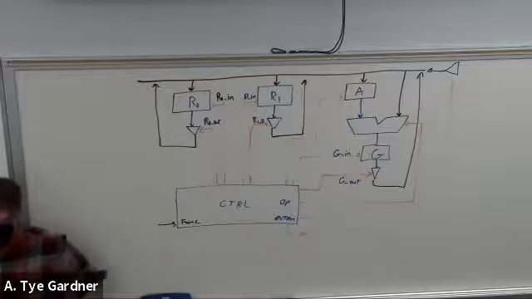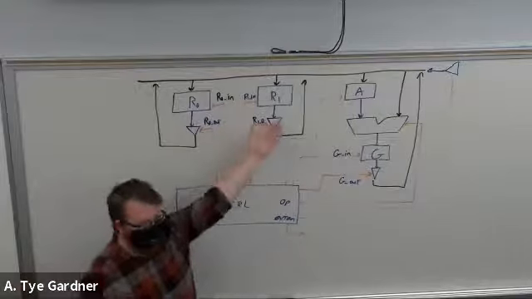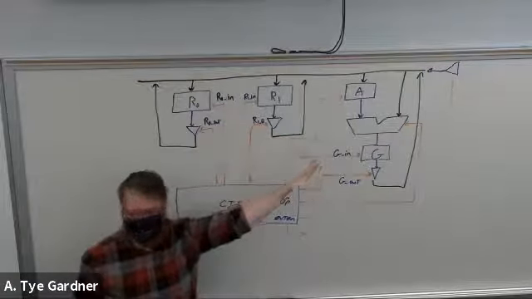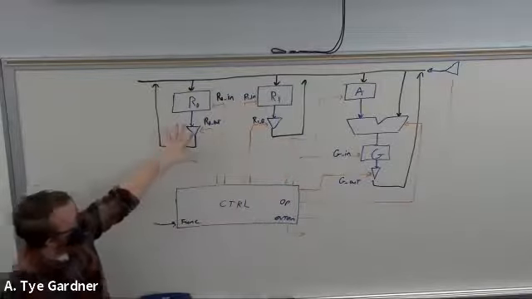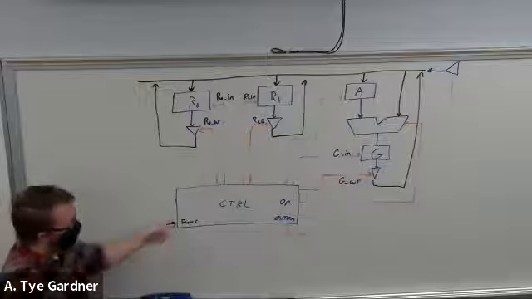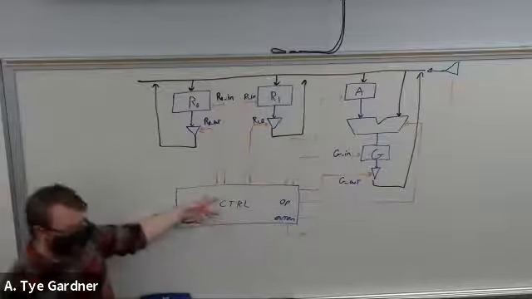So if I want to store values to use later, I store them in R0 and R1. Now we're going to use some external memory somewhere, but for now, let's consider internal memories to the microcontroller. And so we won't talk too much about the control.